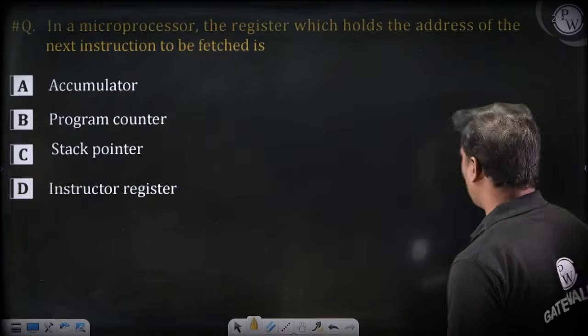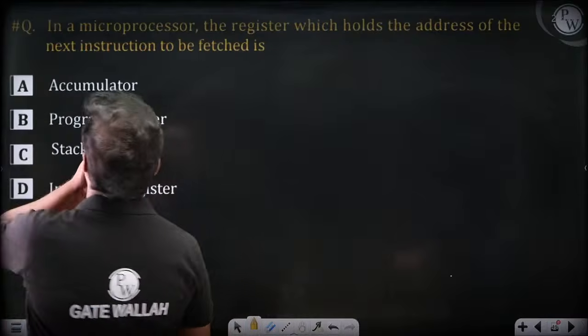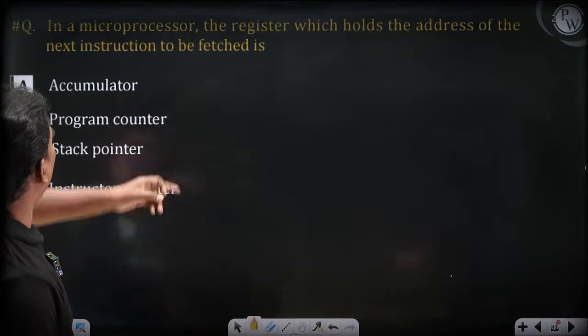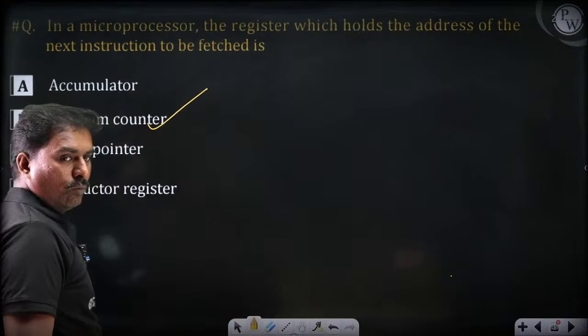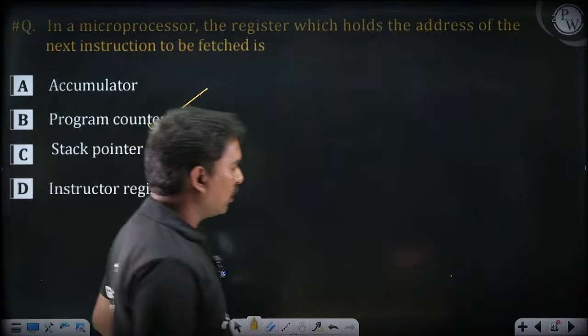In a microprocessor, the register which holds the address of the next instruction to be fetched is called the program counter. So PC always represents the address of the next instruction to be executed.